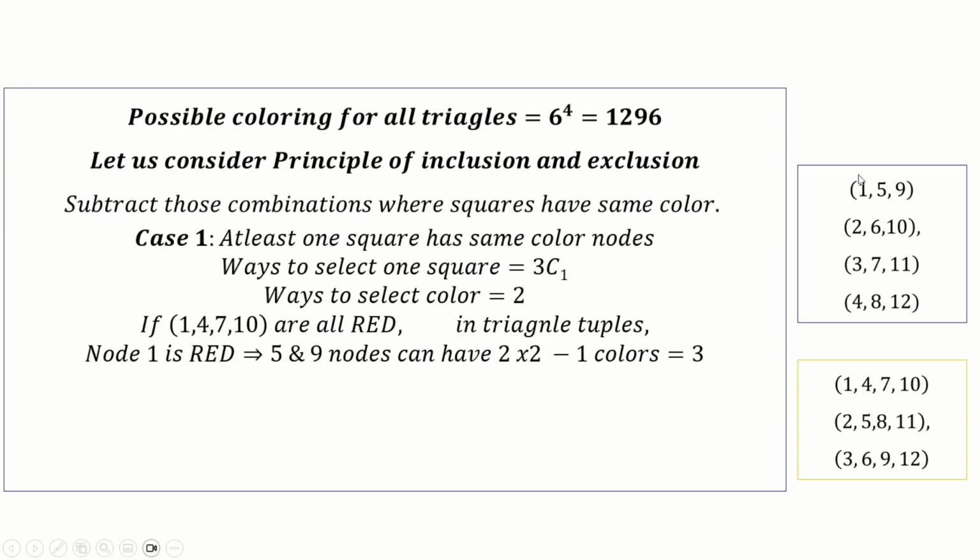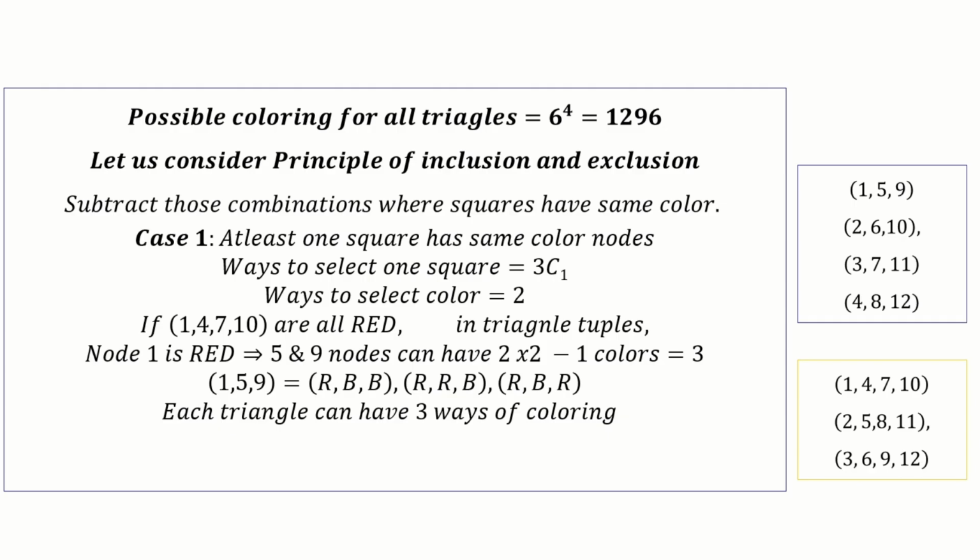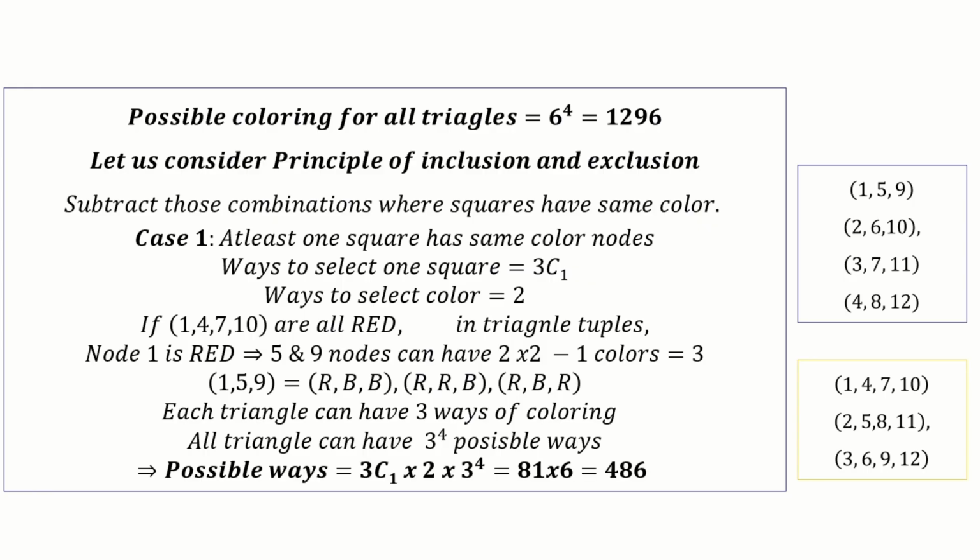So 5 and 9 can have 3 colorings. The number of ways this triangle can be colored is 3, which is RBB, RRB and RBR. Similarly, each triangle can be colored in 3 into 3 into 3 into 3, which is 3 to the power of 4 ways. Now the total possibilities of this case is 3C1 into 2 into 3 to the power of 4, which is 486. Now we will exclude this from the 1296.